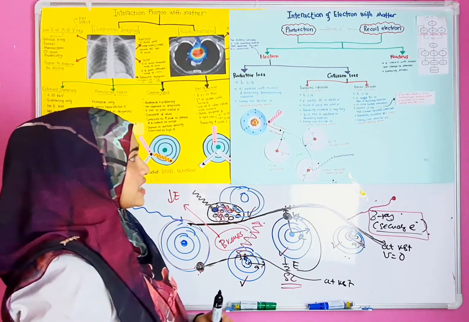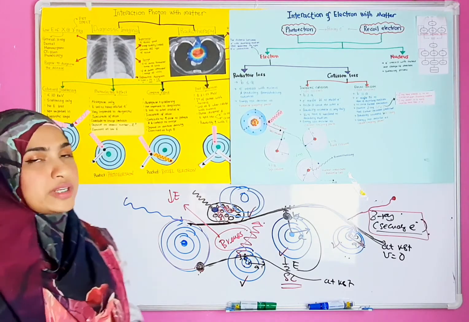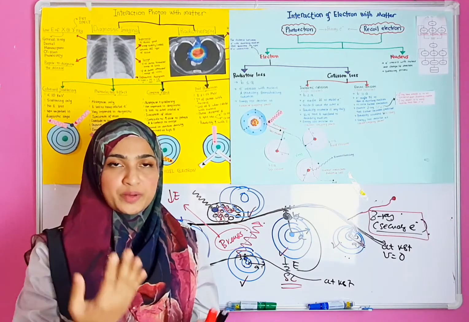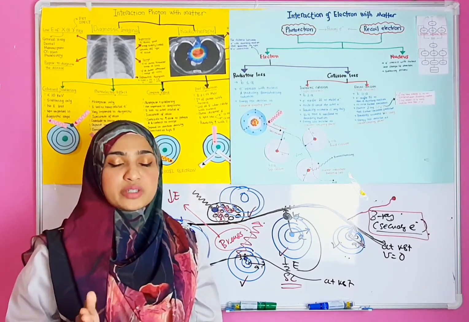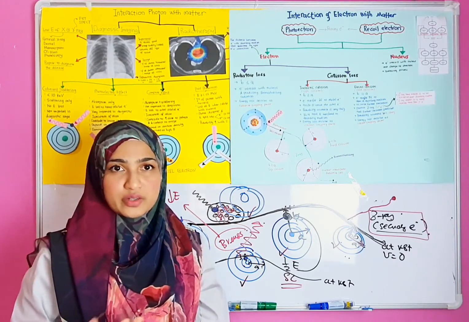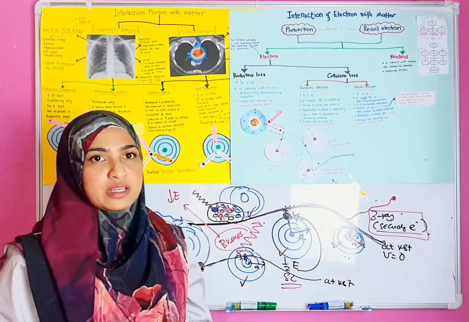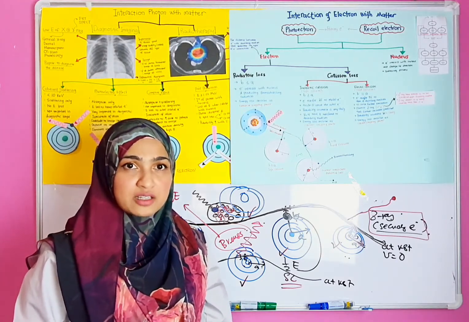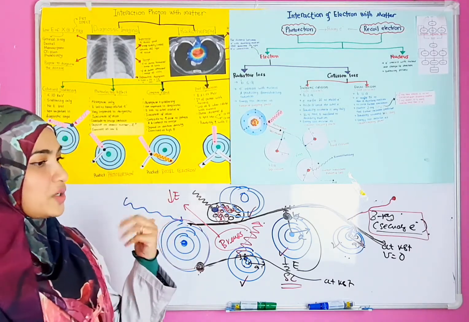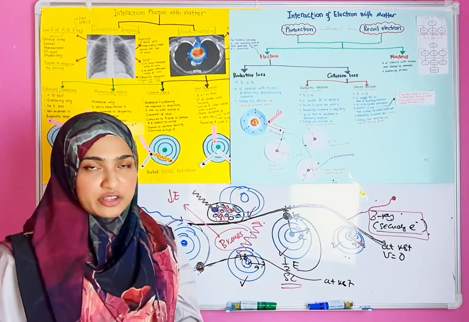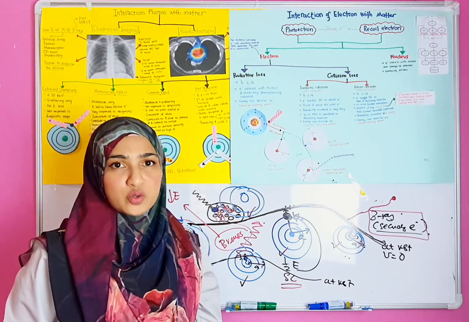So the overall interaction is this: when the radiation coming from the X-ray tube passes through the human body, an attenuation process occurs, either by absorption or scattering. The interactions that happen within the body are either photoelectric effect, Compton effect, or pair production. Firstly, Compton effect and photoelectric effect produce the recoil electron and photoelectron.